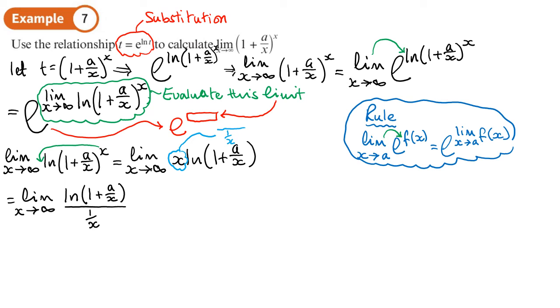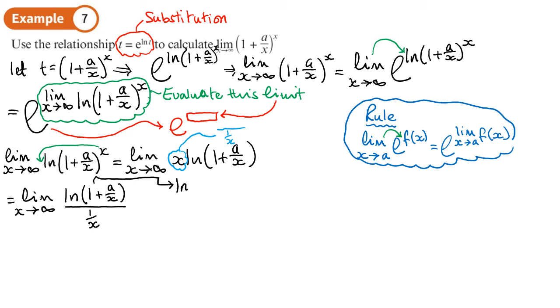So here's our quotient. We've got it in that form, one function over another. So now we're going to see if either or both of these limits are indeterminate, or whether we can evaluate the limit directly. Okay, so let's look at the top.